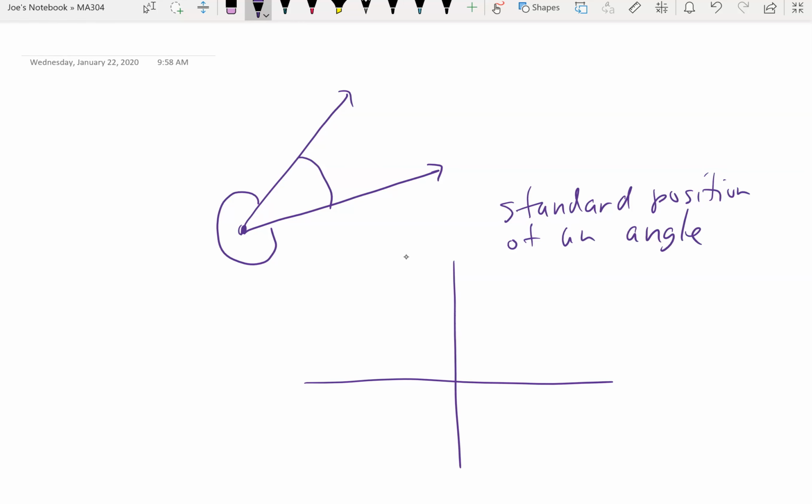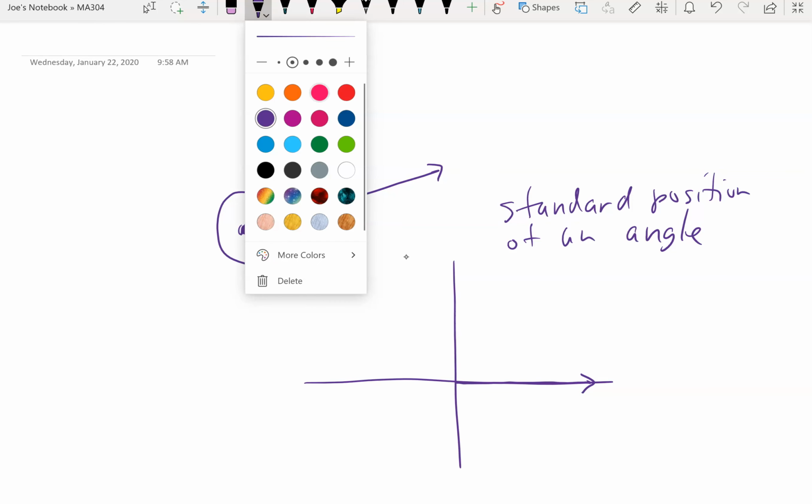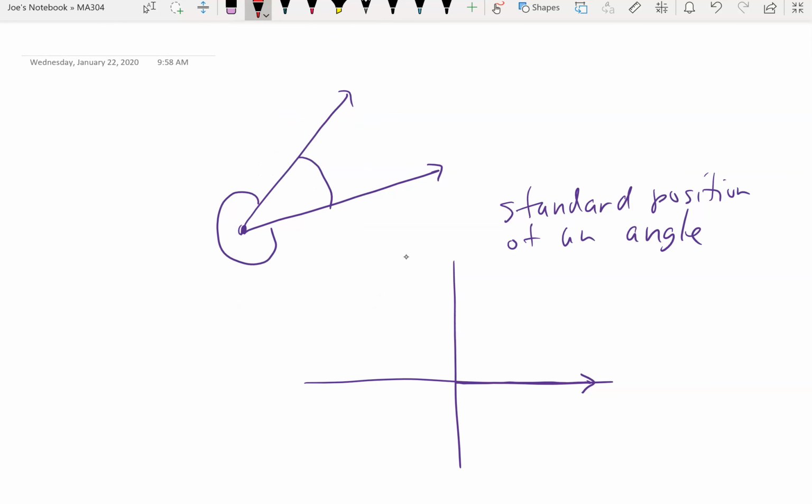When we do the standard position of an angle, the first thing you do is put one of the rays, let me change the color so you can see it, on the positive x-axis. We refer to this as the initial side of the angle.